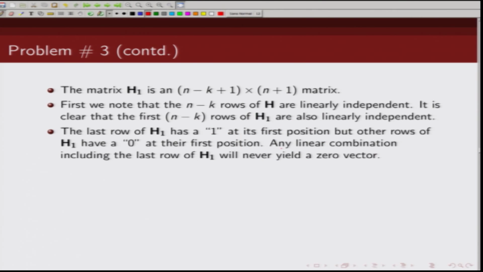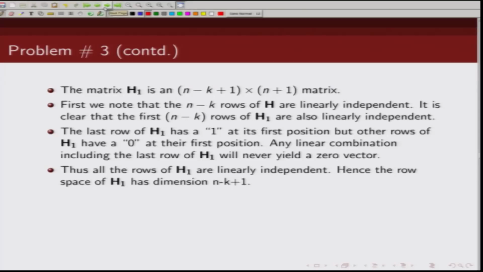Any linear combination including the last row of H1 will never result in an all 0 vector. So, what does it mean? It means that n minus k plus 1 rows of our new parity check matrix H1 are linearly independent. Hence, the rank of H1 is n minus k plus 1.